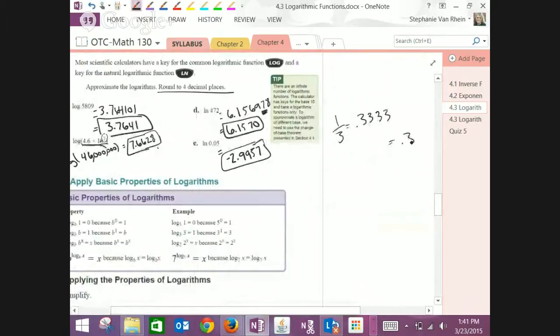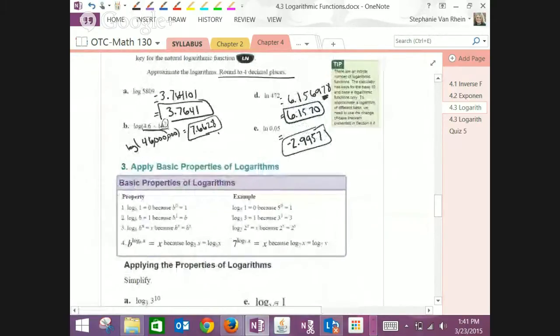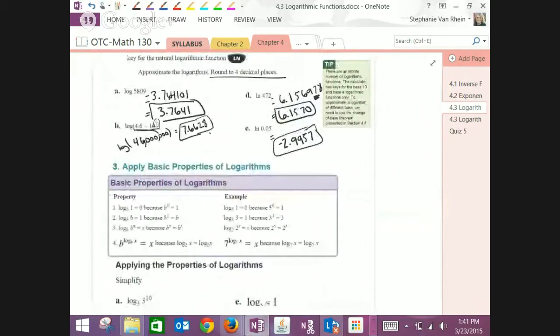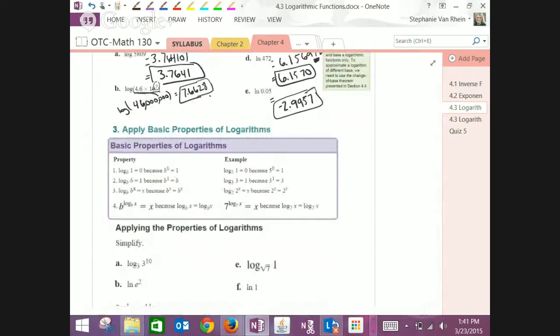You could write that as 0.3 repeating. We could use that if we wanted an exact value, but a lot of times we just need an approximation. So 0.33 is fine, or 0.3. 0.666 might be 0.67. It doesn't really matter.